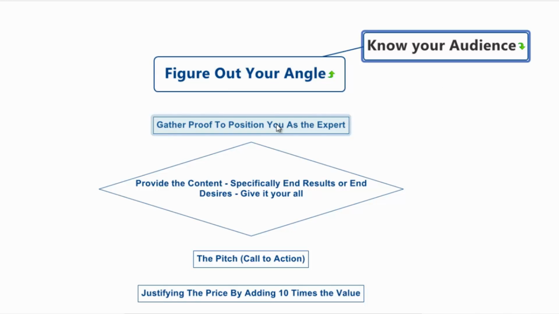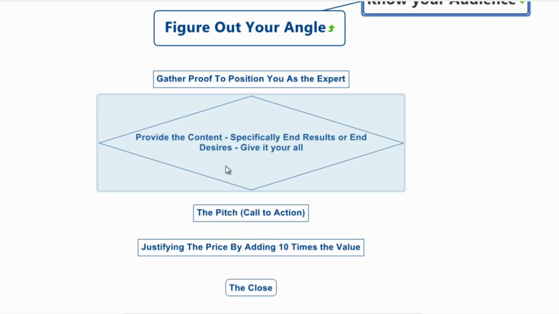And once you position yourself as such, you want to make it so that people feel like, okay, you're at a point where I want to get to, and I'm almost there, or I'm not there yet, but I need your help. And that's where you're going to provide them with more social proof, more content down the road. So the next thing to do after you have positioned yourself, which I will get into in a lot more detail in the next couple of videos, is providing your content.